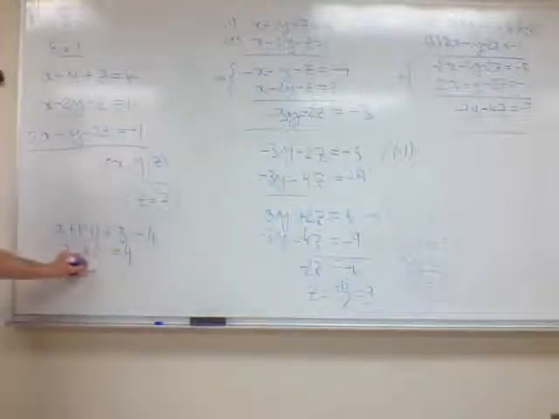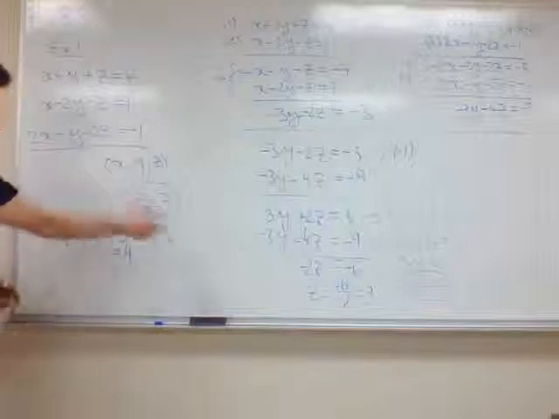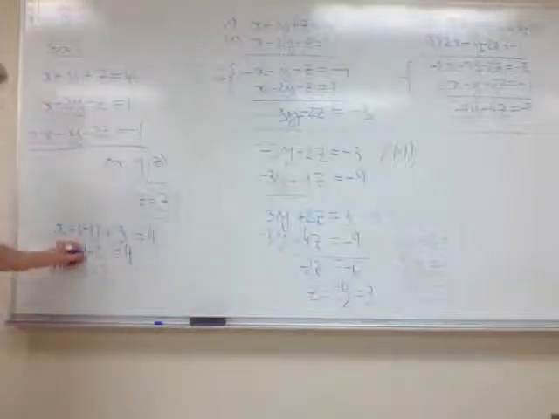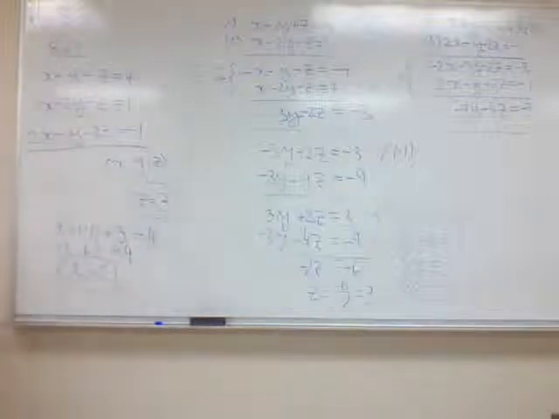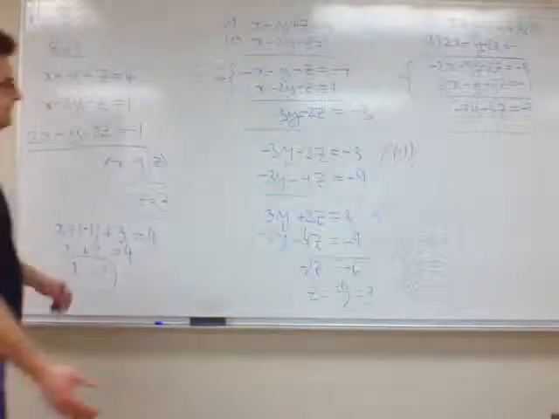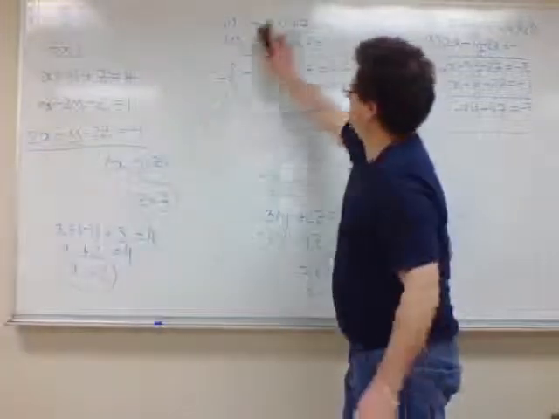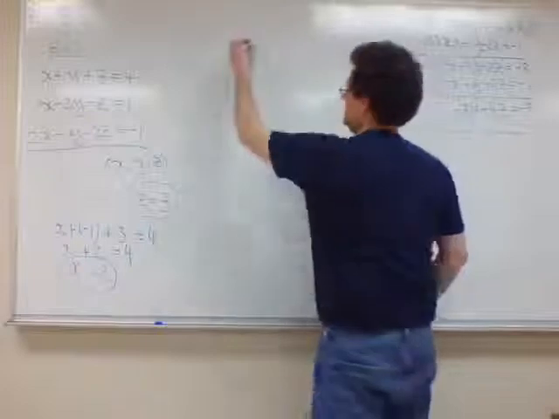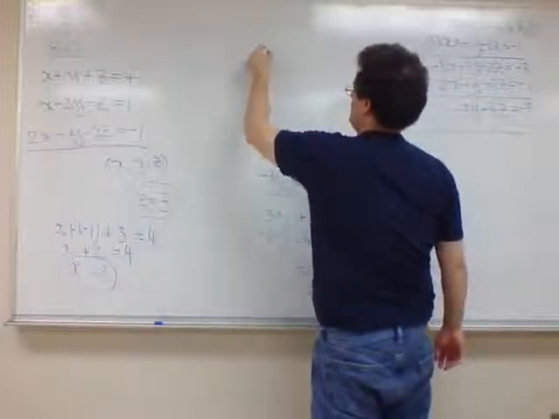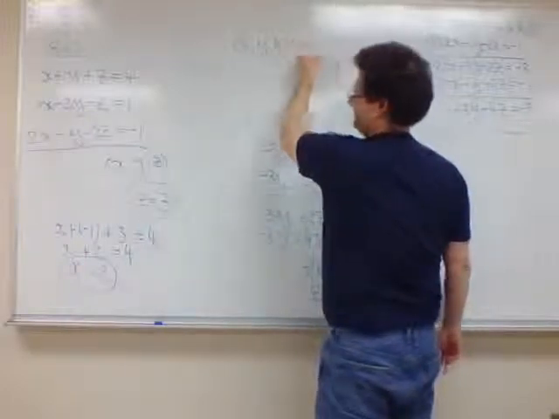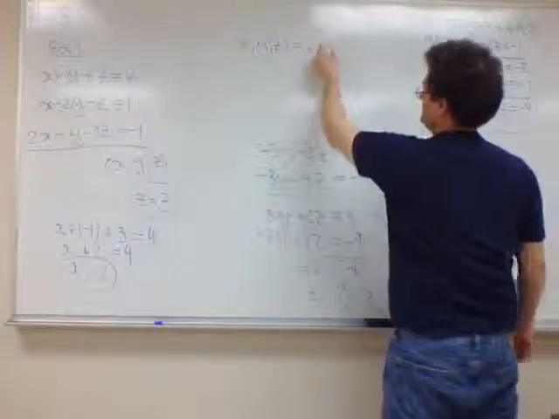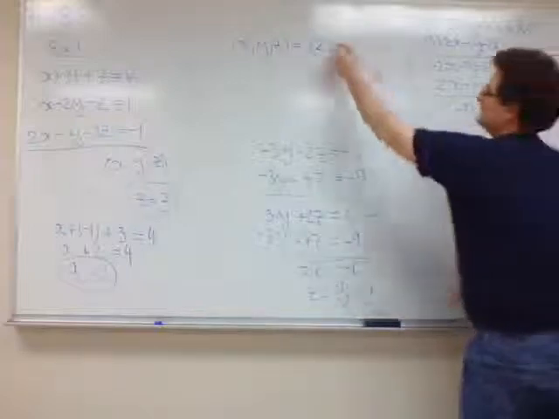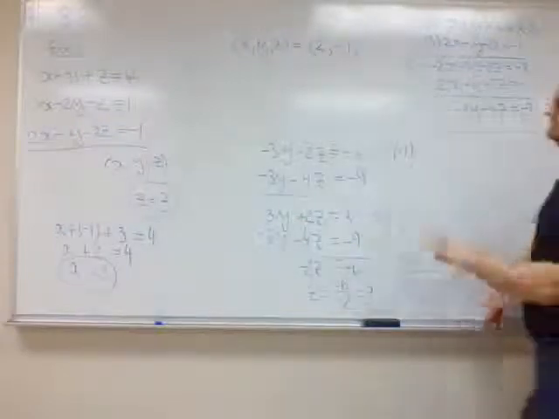And so when you move 2 to the right, you have 4 minus 2, and that's 2. That's your x. Okay? So now you see that the triple x, y, z is: x is 2, y is negative 1, and z is 3.